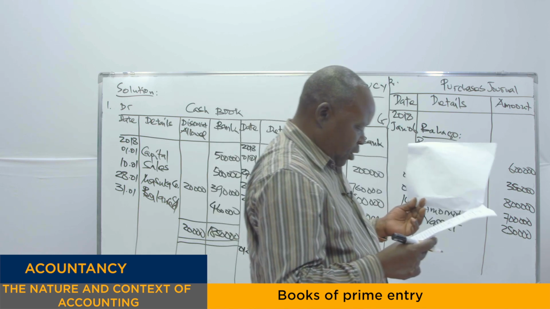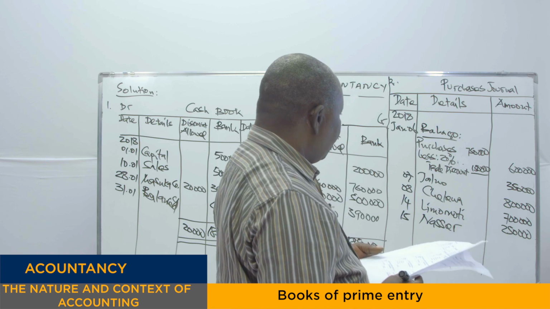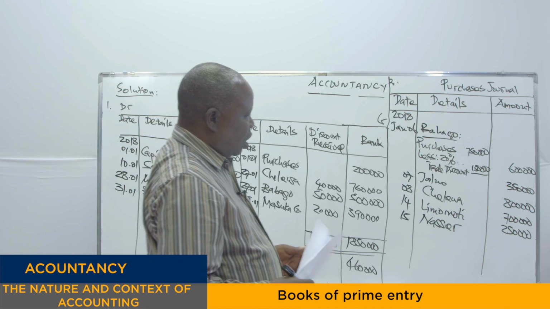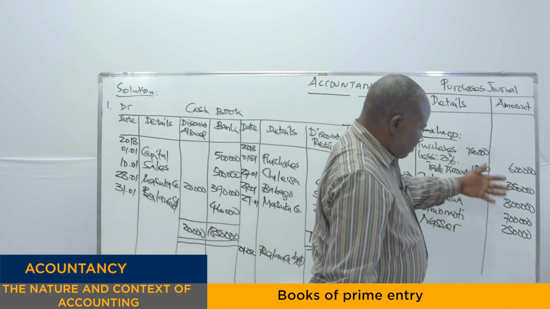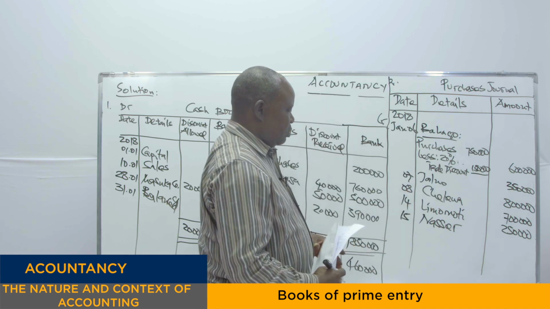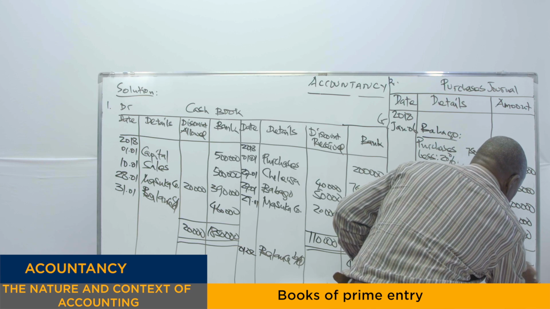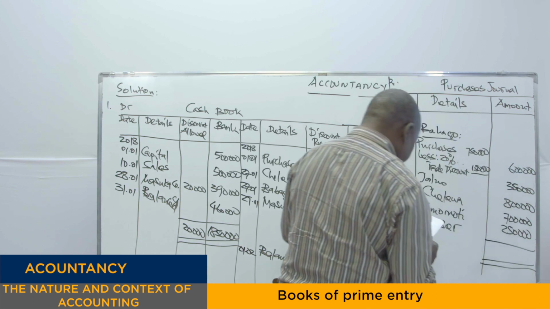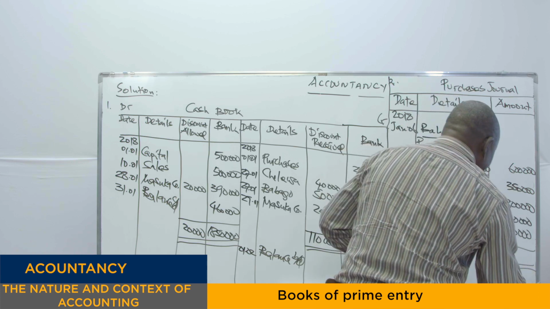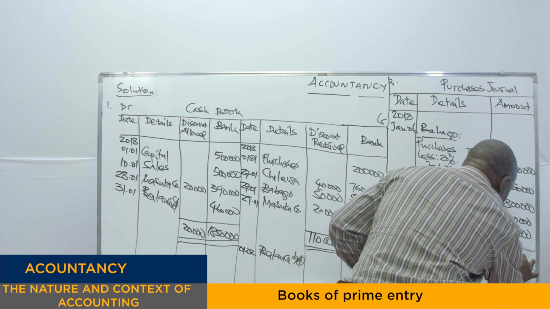Then we don't have another transaction relating to purchases on credit. So we just add the total, and the total will be transferred into the general ledger, into the purchases account. So the total here, if you add it properly, you'll get 2,700,000.